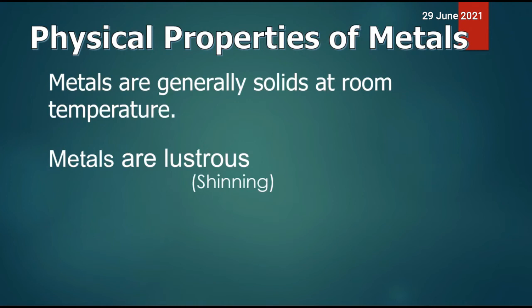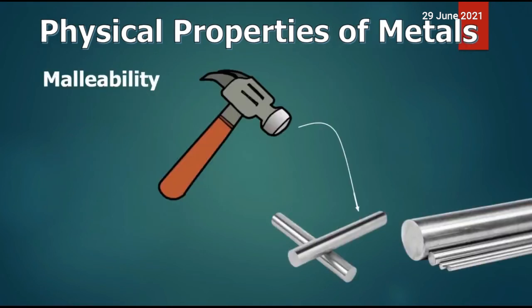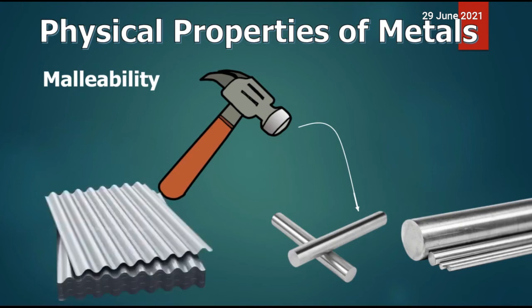Next we'll go for one more property of metal. Metals are malleable. And what do you mean by malleability of metals? Malleability means you can hammer or beat the metals and convert them into sheets.